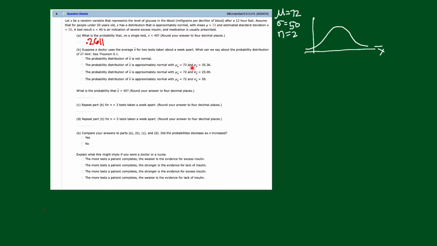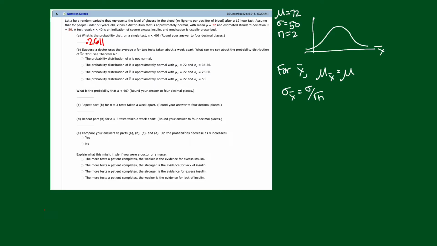Sigma, oh, we're going to have to compute sigma. For X bar, the mean of all the means is actually the mean of the population, so we can use 72. But the standard deviation of those X bars is equal to the standard deviation divided by the square root of n.